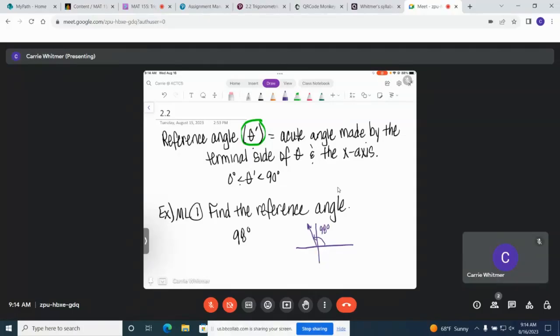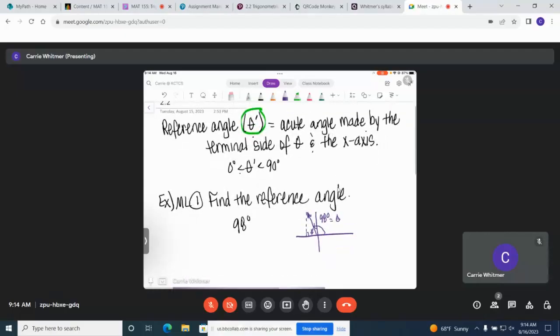So my reference angle is going to be here. If you were trying to figure out what that angle would be, you would take 180 minus 98, and you end up with 82 degrees. So your reference angle is 82 degrees.